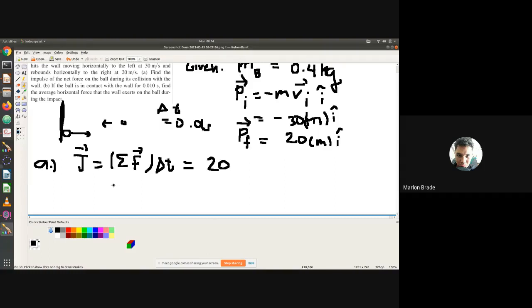So now the net force is equal to 20 over 0.01. By the way, this is 20 i hat, right?